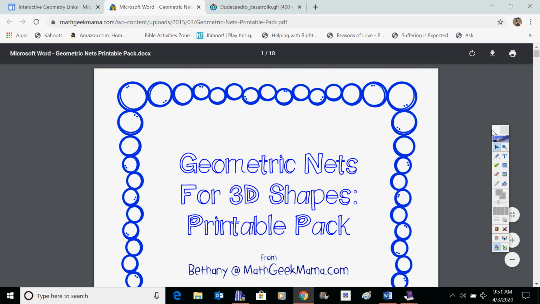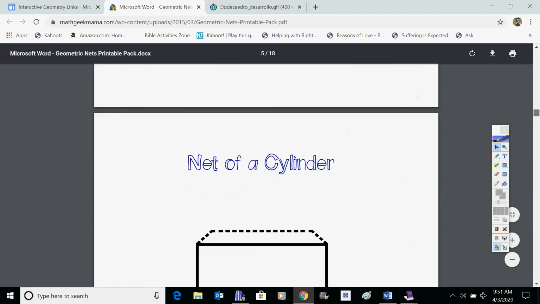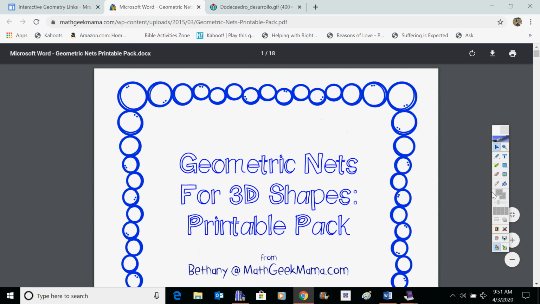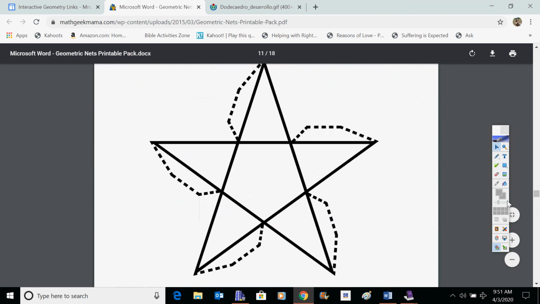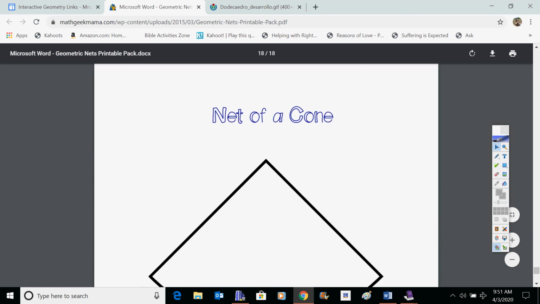But if you click on those links, these are publicly available links that if you want to, you can print them on your printer and actually cut them out and tape them together and make these various different nets so that you can see them.